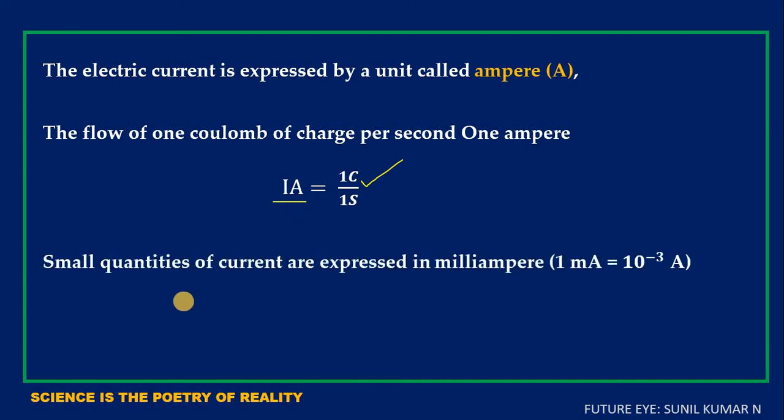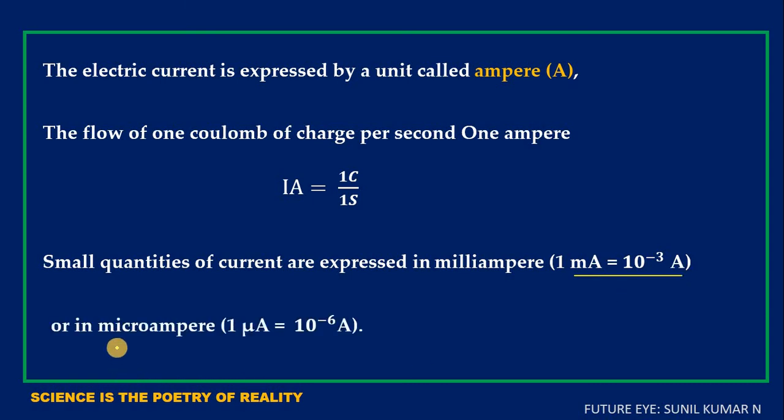And next, current can be measured in different ways. Small quantities of current are expressed in milliampere. Milliampere means 10 to the power of minus 3, and keep in mind that we write it as 1 mA. 1 milliampere is equal to 10 to the power of minus 3. And we have another unit, that is microampere.